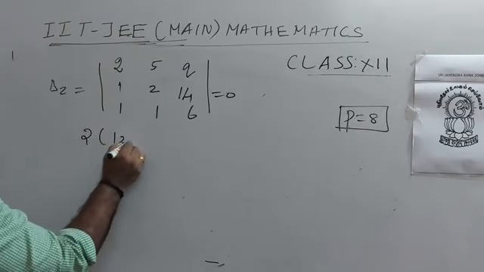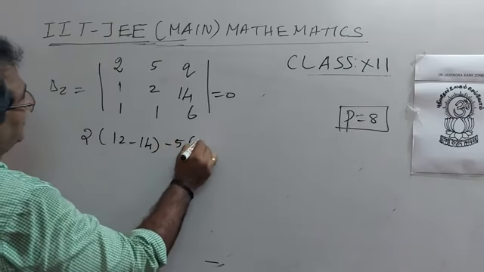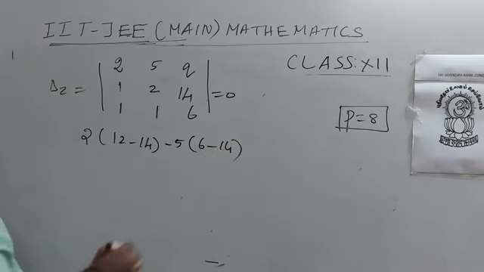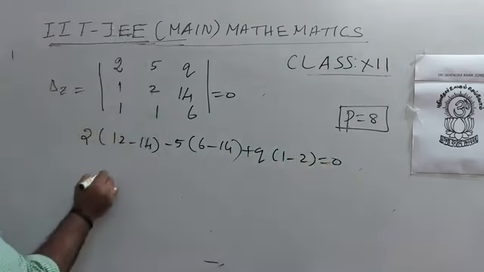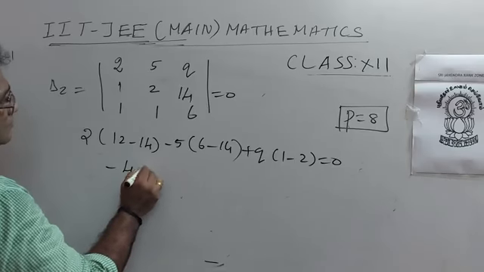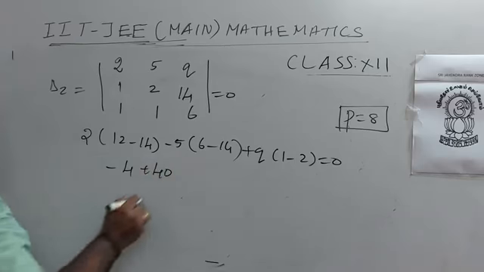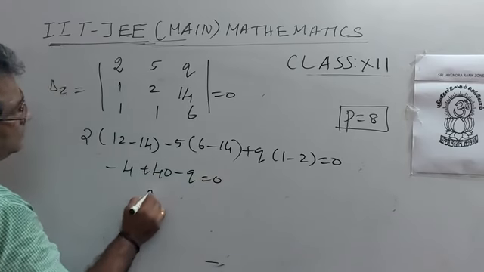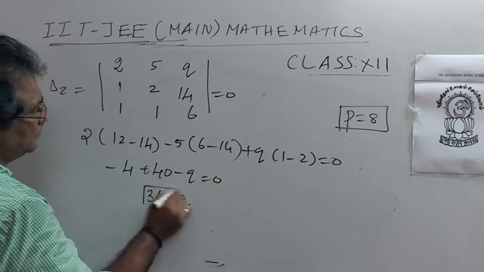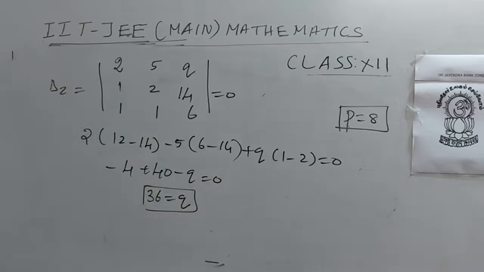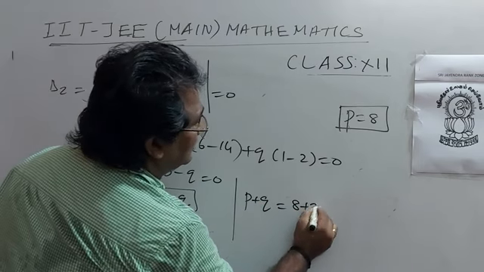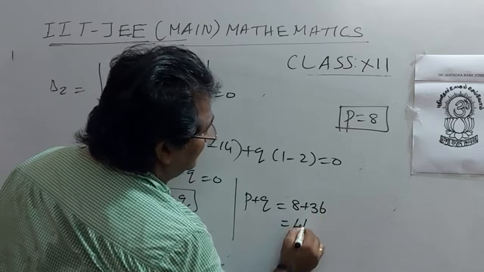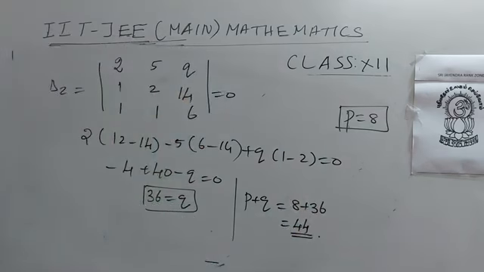So 2 into 12 minus 14, minus 5 into 6 minus 14, plus q into 1 minus 2 equal to 0. So minus 4 plus 40 minus q equals 0. 36 equals q. So we need p plus q. 8 plus 36, that is 44.